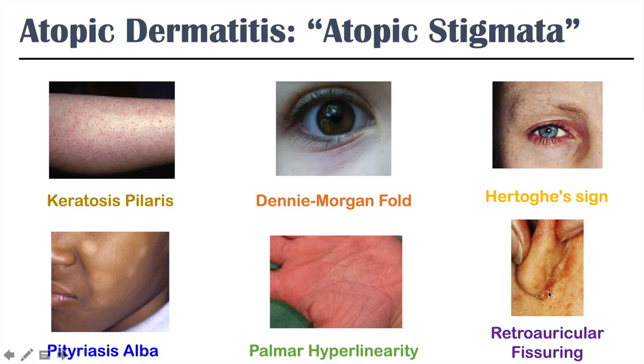So behind the ear you get this fissuring. So if you were to pull back on your ear and look behind your ear, you can see this kind of almost like a chafing or a scarring type effect. And this is again associated with atopic dermatitis, and this can be a skin finding with regards to atopic dermatitis. So these are some of the skin findings we can see with atopic dermatitis.